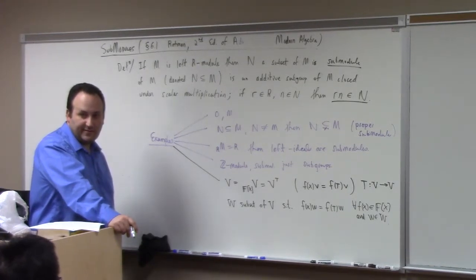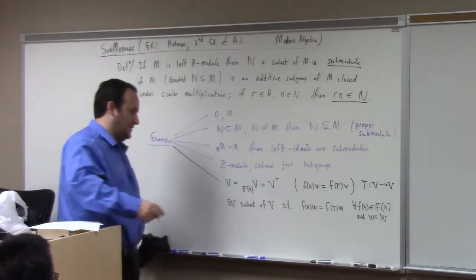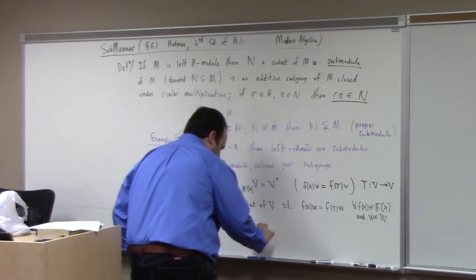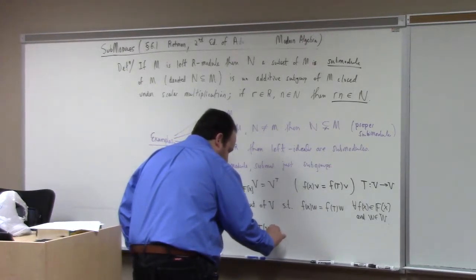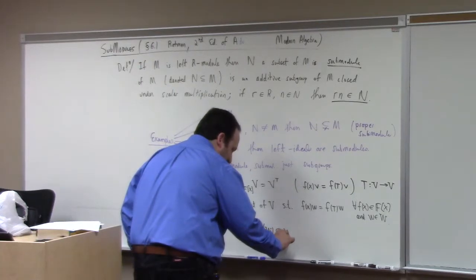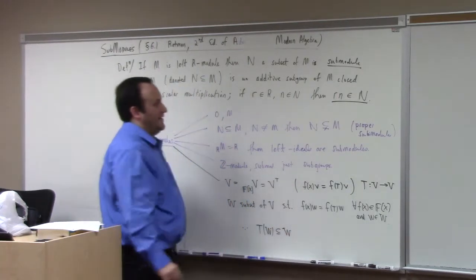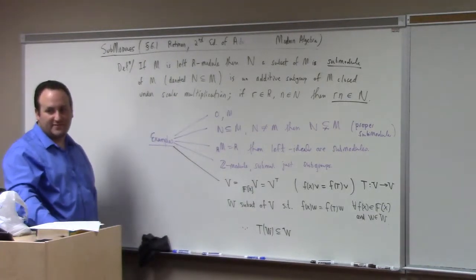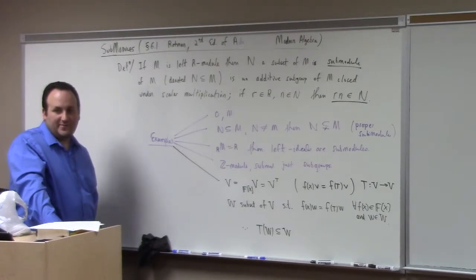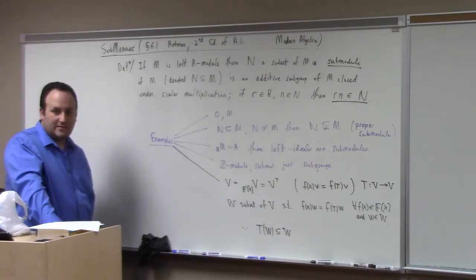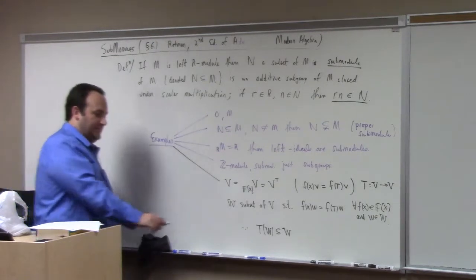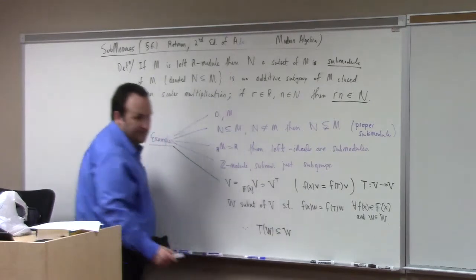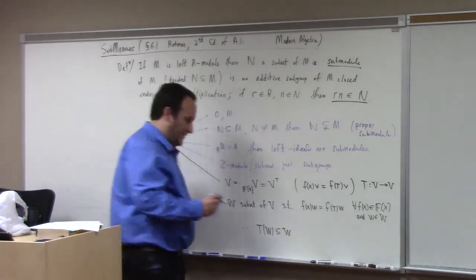They're the invariant subspaces of the linear transformation. I've almost done everything you need to do, but you can prove, I'll just put some dot, dot, dot, that we have to have T of W be a subset of W. See, I don't like this notation. I'm sorry, I can't adhere to it. I want a subset to be a subset, otherwise I just go nuts. But anyway, we need this condition that T of W is a subset of W. In other words, that W is a T invariant subspace of V.